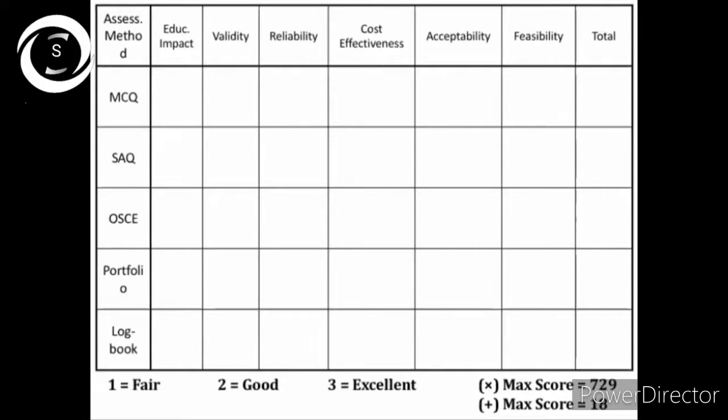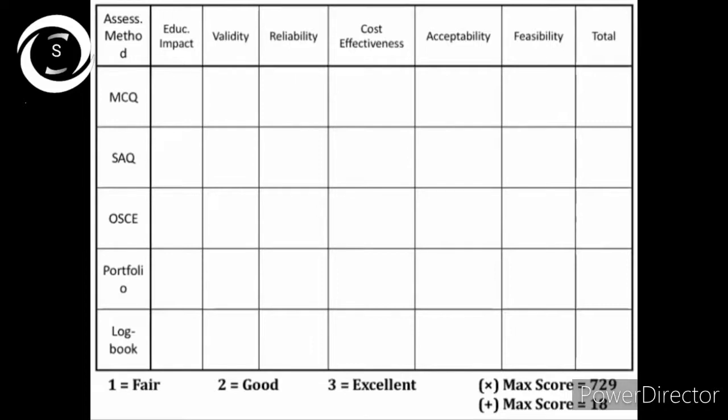And on the other side, you can see the tools of assessment like MCQs, SAQs, SEQs, OSCE, portfolios, 360 MSF. All these can be plotted, and you can give the score like 1 for fair, 2 for good, and 3 for excellent.